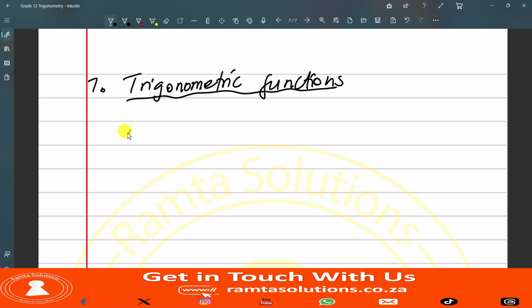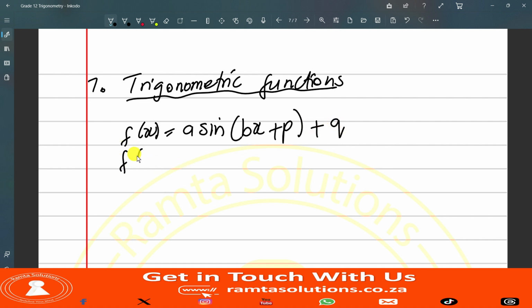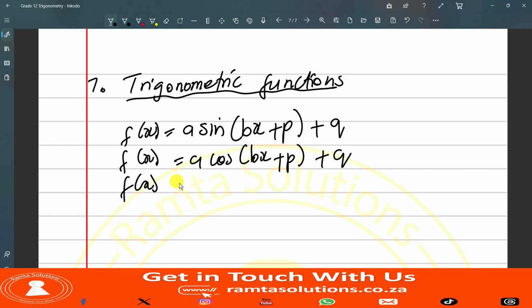Let me use f of x. f of x equals a sine(bx plus p) plus q, or f of x equals a cos(bx plus p) plus q, and lastly f of x equals a tan(bx plus p) plus q.